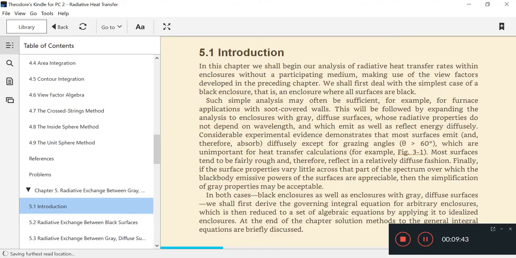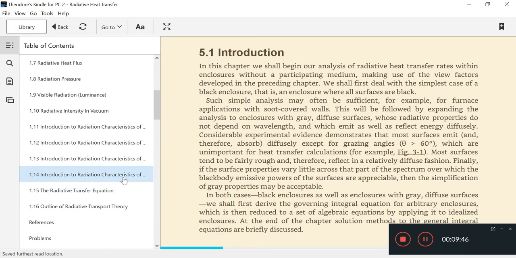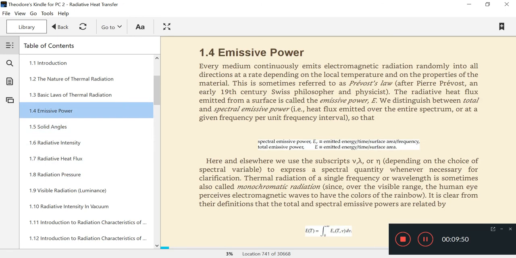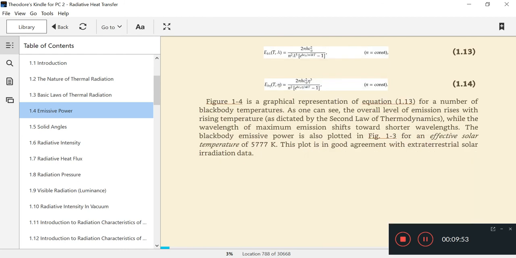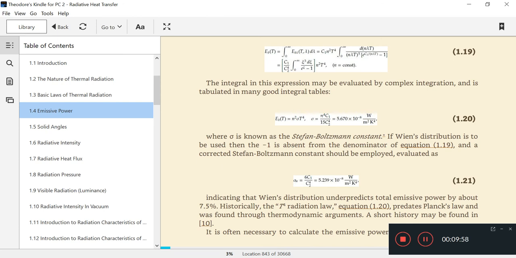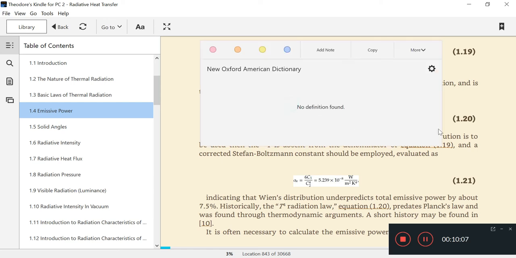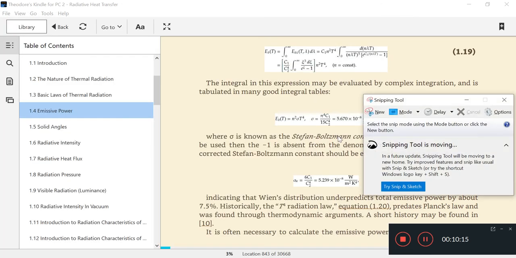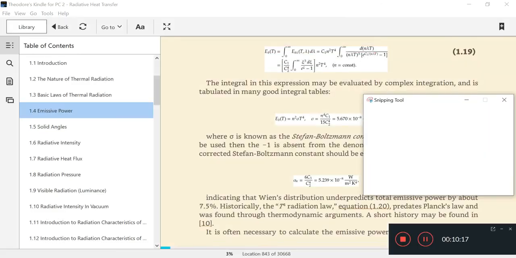If we take a look earlier at emissive power, we got sigma T to the 4th, which is this little thing here. So E_B, that happens if we integrate E_B lambda across the whole spectrum. Let me copy these things down to take note.